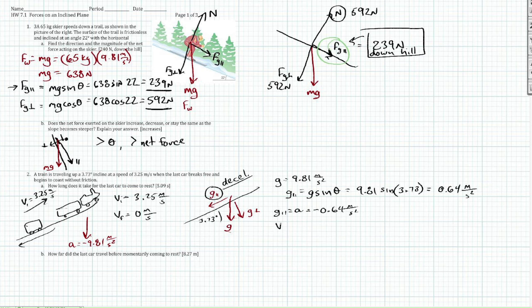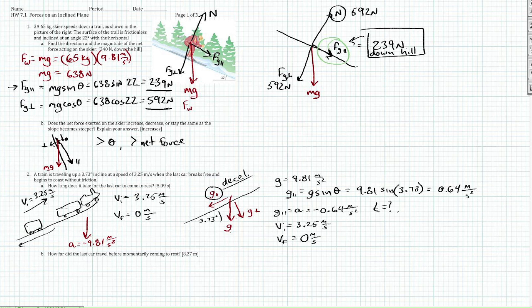Well, we know the initial velocity, right? That's 3.25 meters per second. And of course, the final velocity, it's coming to a stop, is 0 meters per second. We have acceleration, initial velocity, final velocity. We're solving for time.